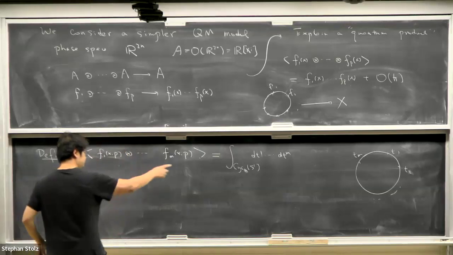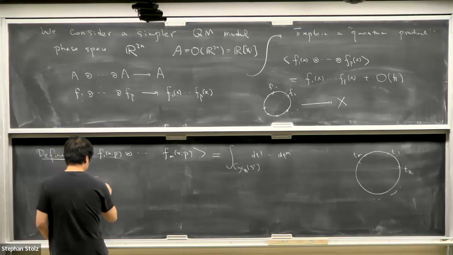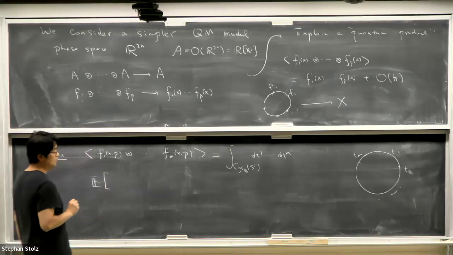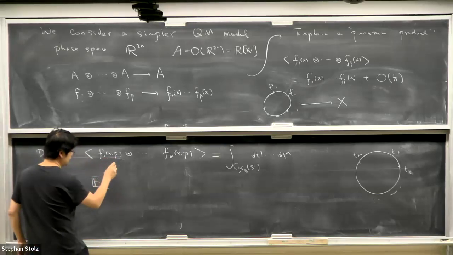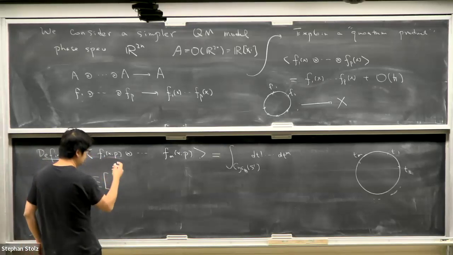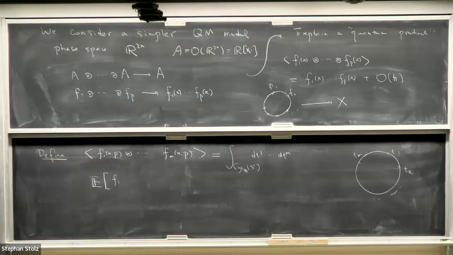Now I compute the expectation value of the following process. For each function here, I look at a quantum deformation by these fluctuations from this random process.